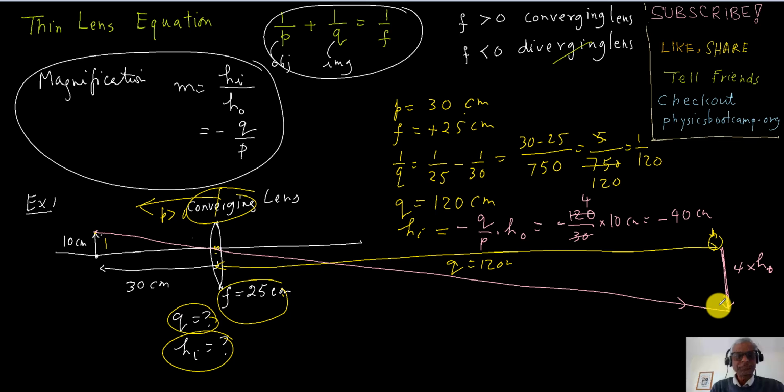Okay. And of course, if you were to draw another ray, it will hit there, and the focal length is 25 centimeters over here. So this will come and go to the focal point, and this will also hit that point.